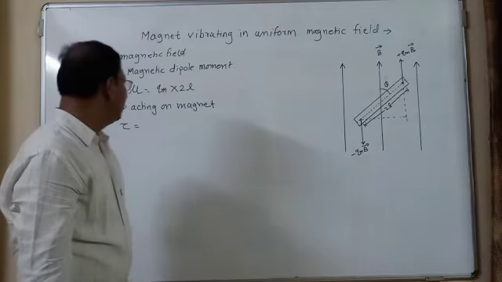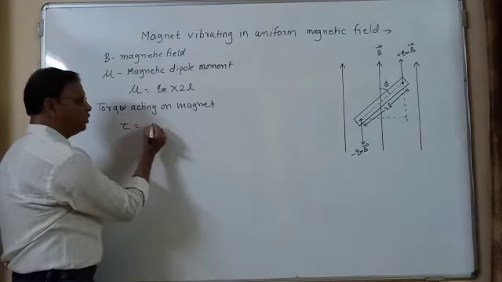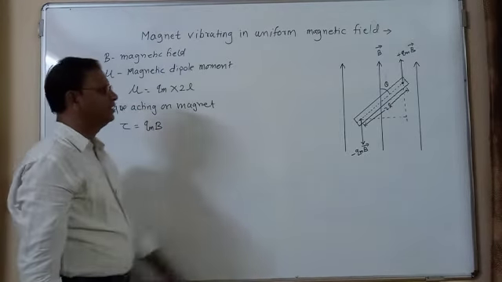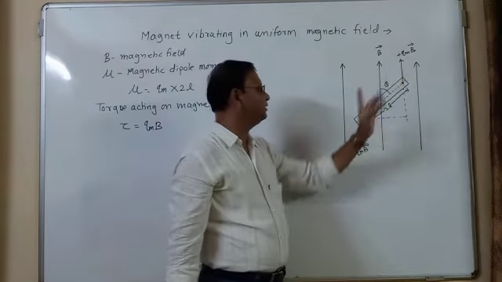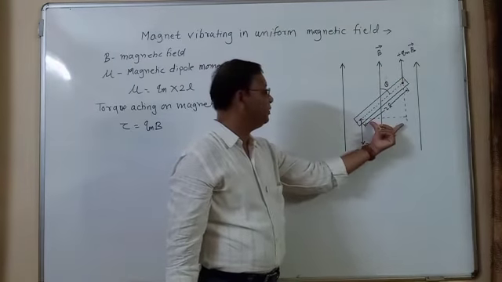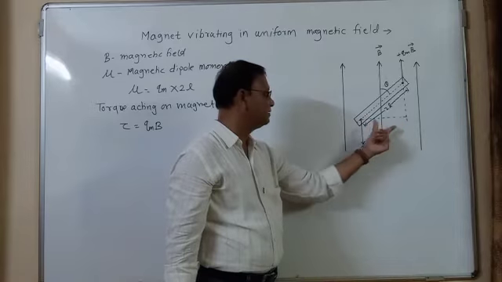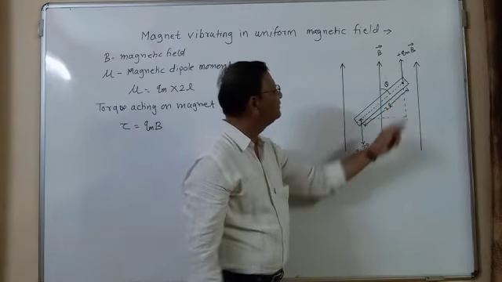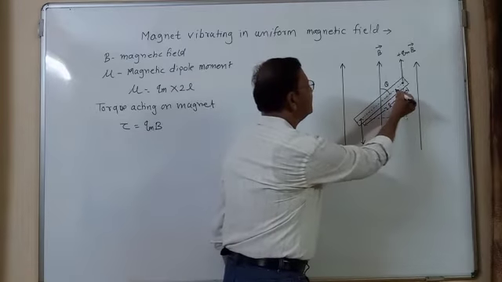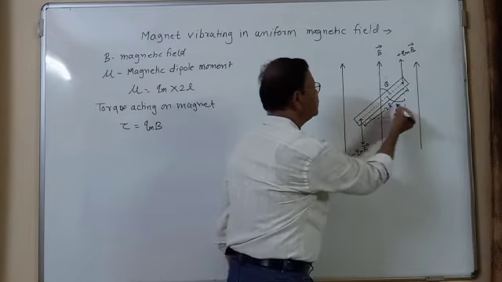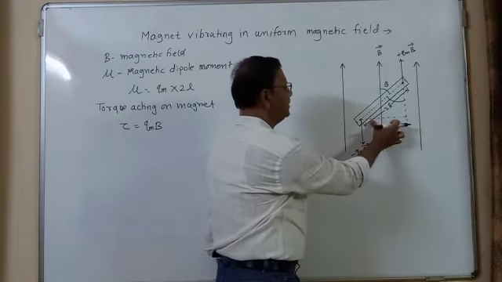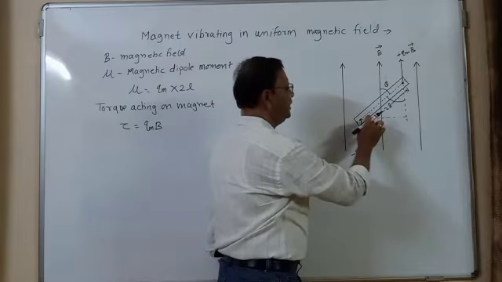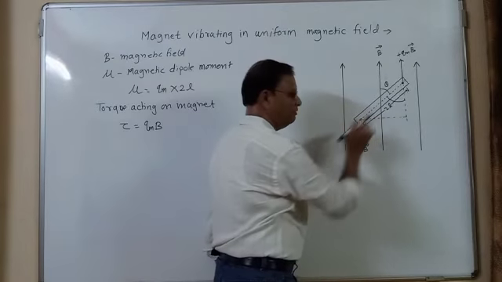Now the magnitude of force is Qm into B. This is the force acting on the bar, and the perpendicular distance between the two forces is from this to this. As this angle is theta, this angle is also equal to theta, and this becomes the opposite side of the angle, and therefore the hypotenuse will be 2L.